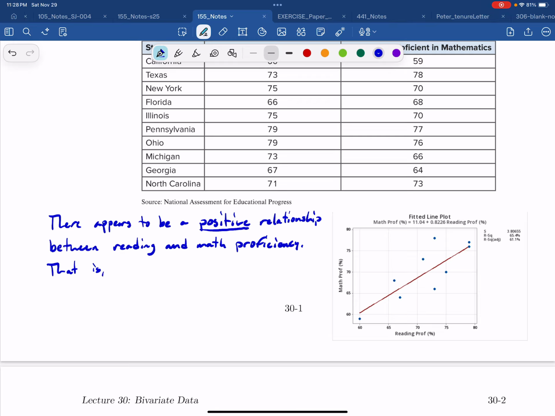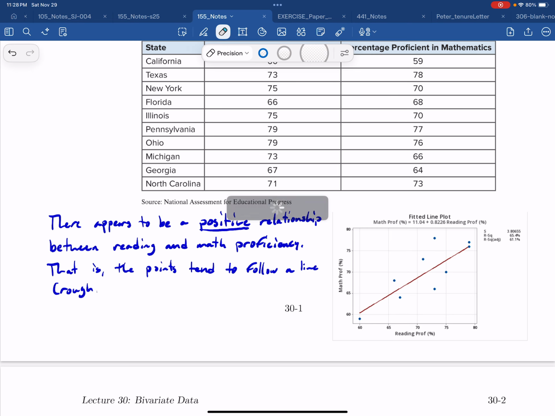That is, the points tend to follow a line, roughly, with positive slope.